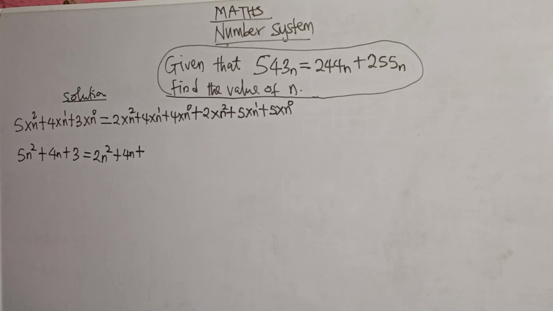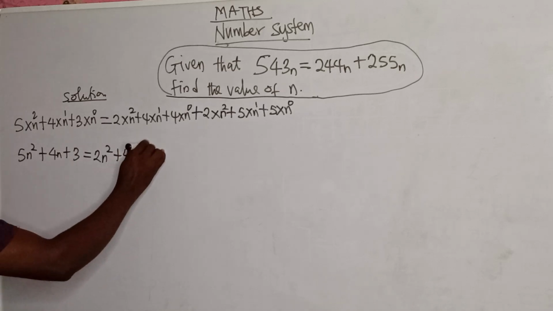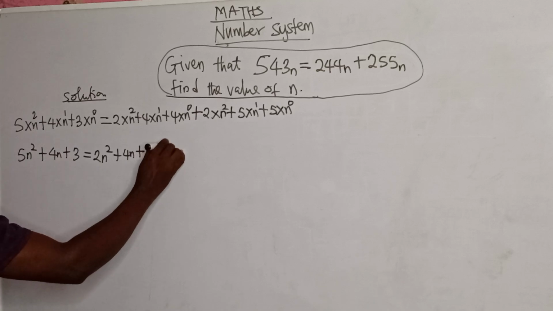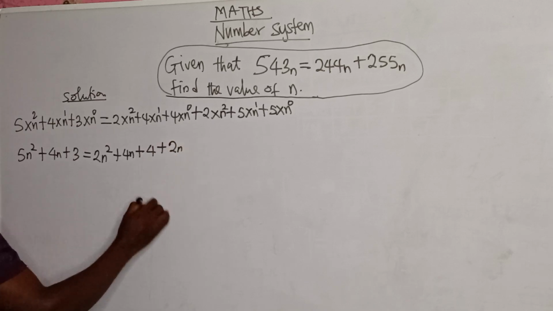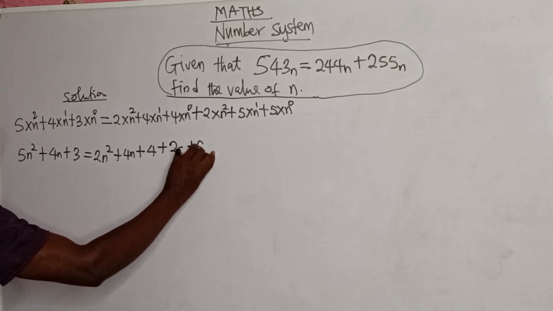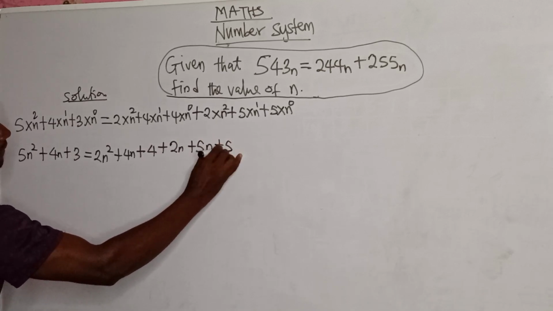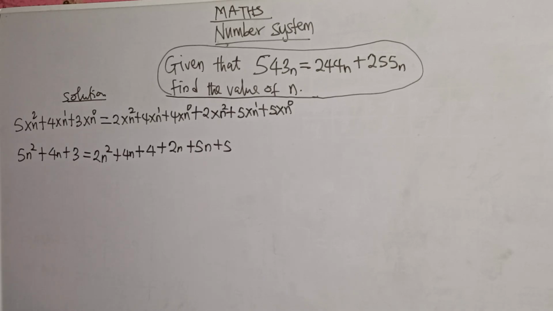In mathematics, anything power 0 is 1. So 1 times 4 gives us 4, plus n power 2, that is n squared, times 2, that is 2n squared, plus 5n plus 5.